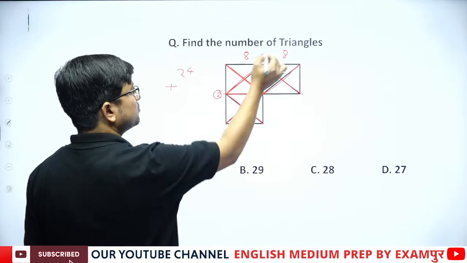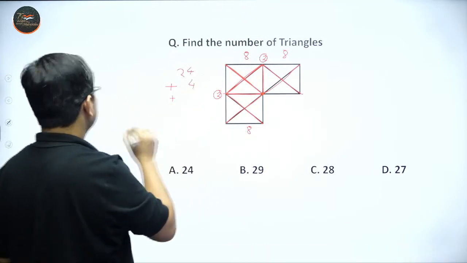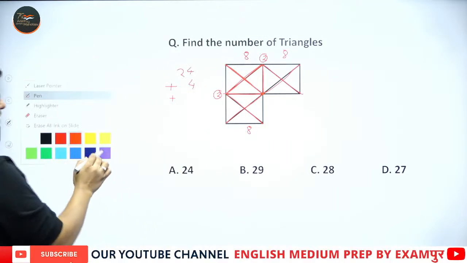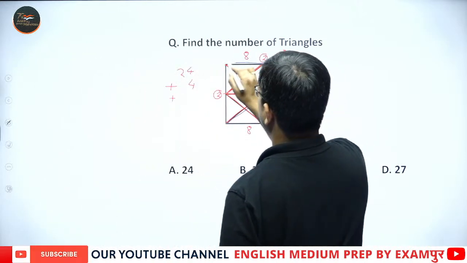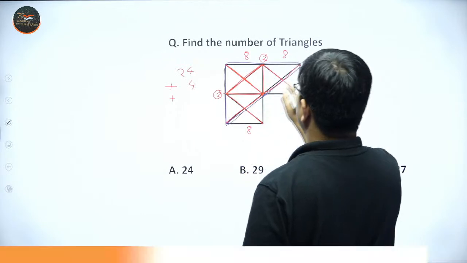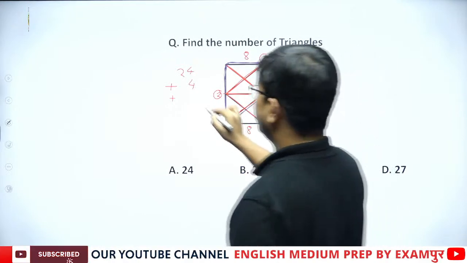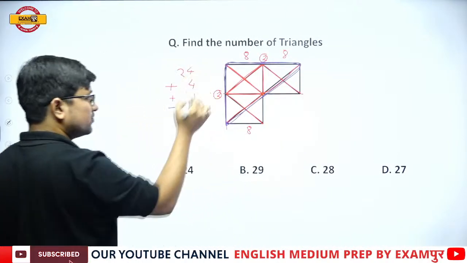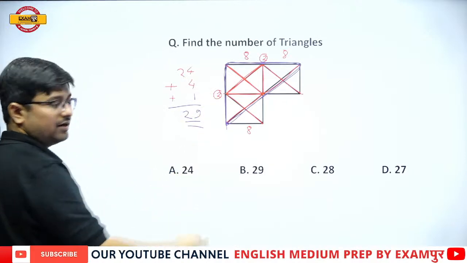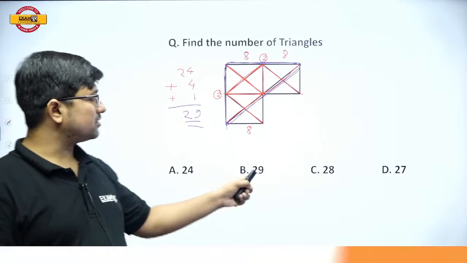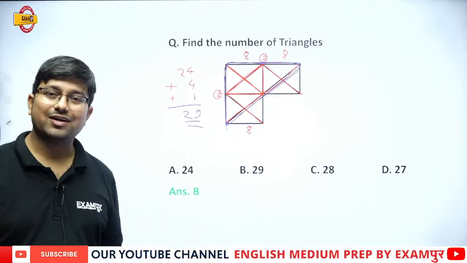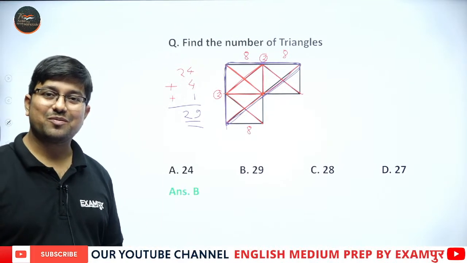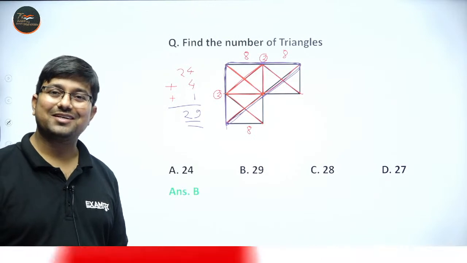So 2 plus 2, 4, plus here one biggest triangle. So now the total will be one more. 24 plus 4, 28 plus 1, 29. And that's the right answer. Option B, 29.